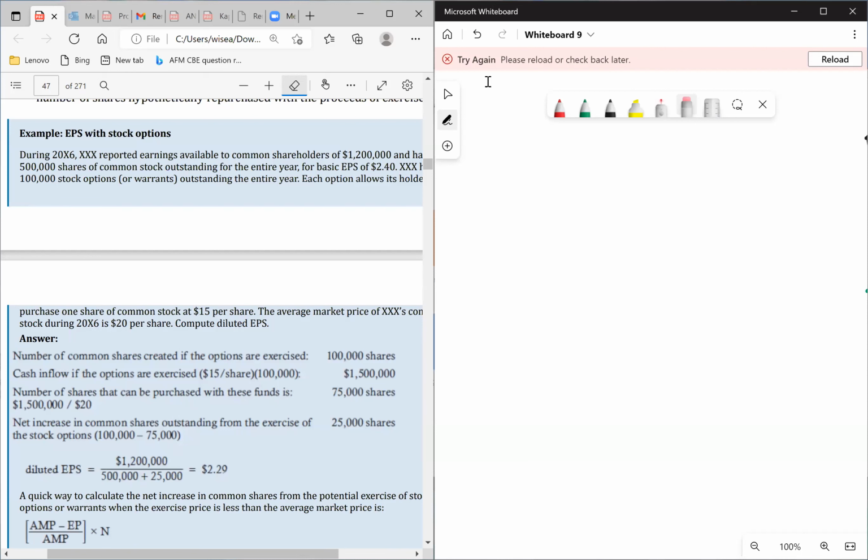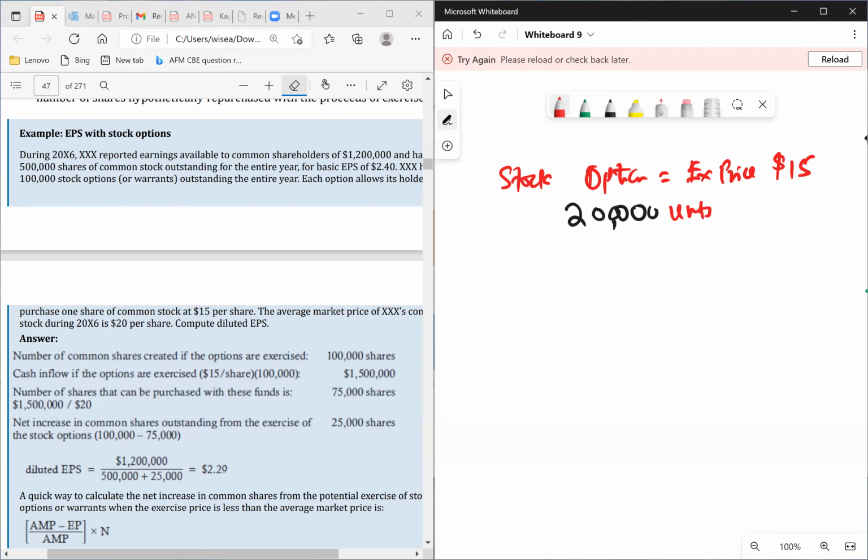So let's say the stock option has an exercise price of $15, and the employee can buy 200,000 shares at $15. If we assume that the option is exercised, it is not the 200,000 units of shares that we add to the denominator.